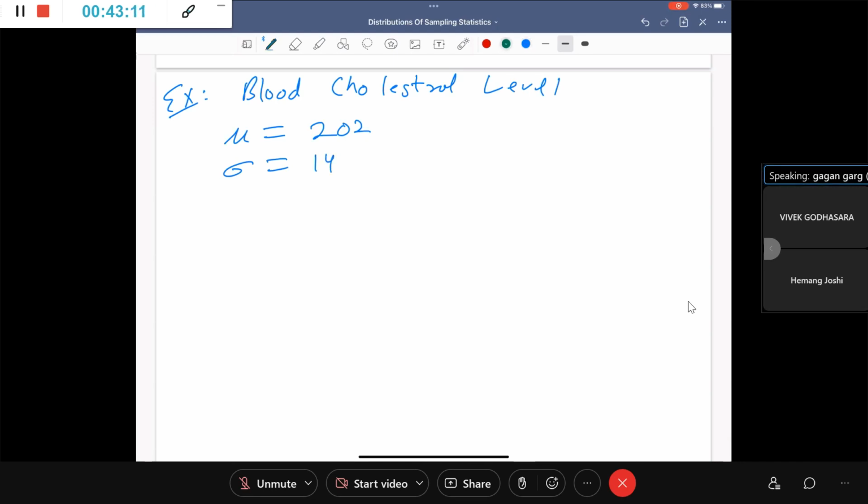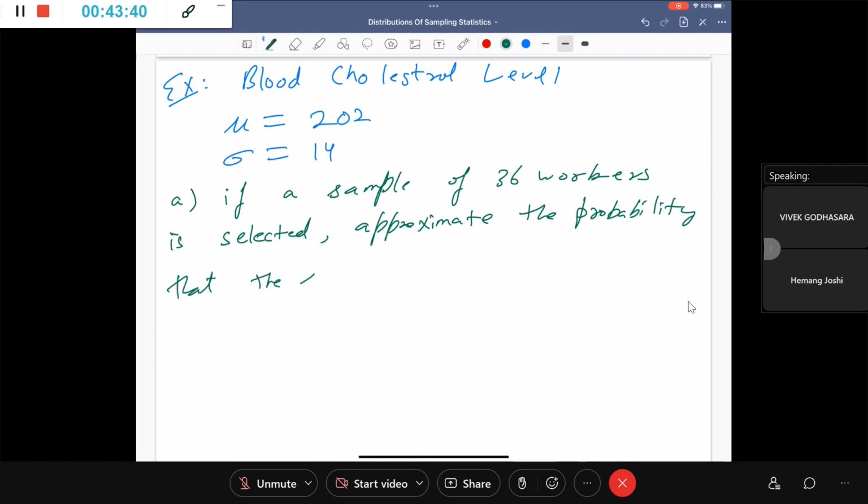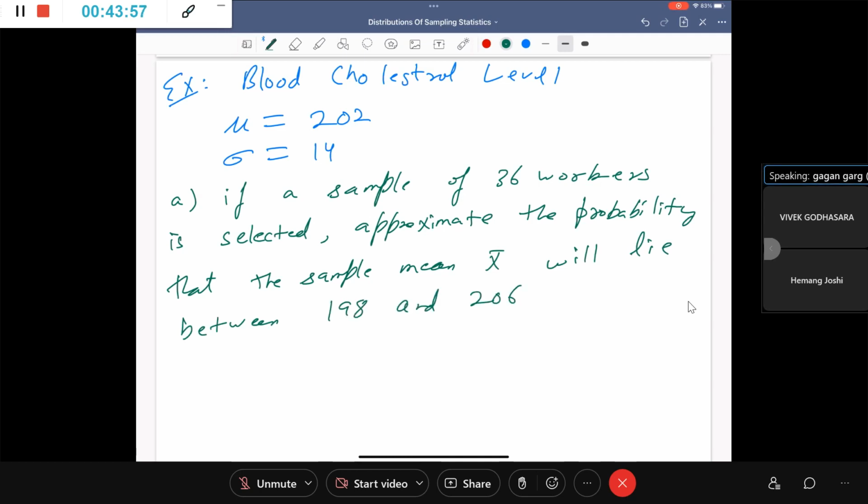Okay. Now you want to know this: if a sample of 36 workers is selected, approximate the probability that the sample mean X bar will lie between 198 to 206.